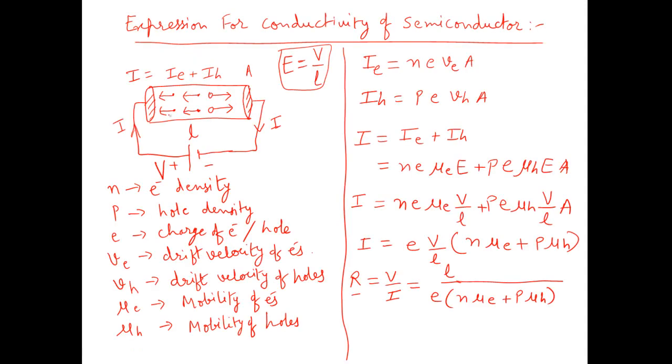So if I rewrite or rearrange this equation in terms of resistivity, then sorry, here there is one more term which is A. So this A is also common over here, and therefore it will come in the denominator. So it will be L upon A into e into n mu E plus p mu H. Now if I rearrange this equation in terms of R into A by L, then I will get the equation for resistivity.